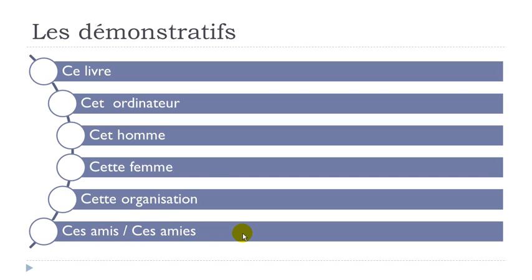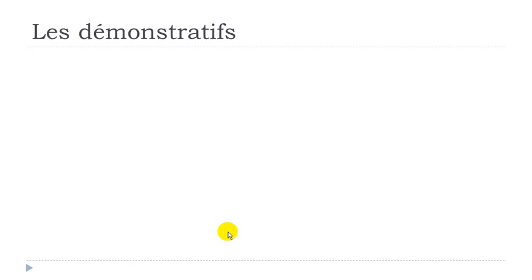And it's quite funny in a way, because if you only listen to these two things here, ces amis and then ces amis, you don't have really any phonetic information regarding whether it's masculine or feminine. That's the way it is. Sorry about that. But let's continue now with les démonstratifs.